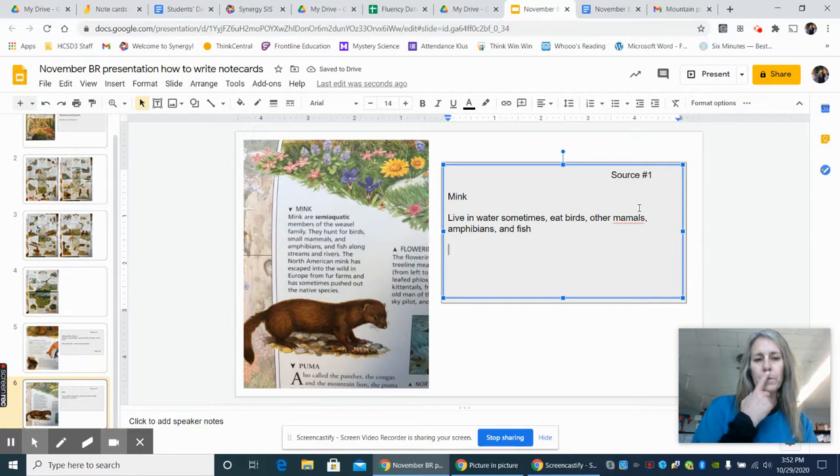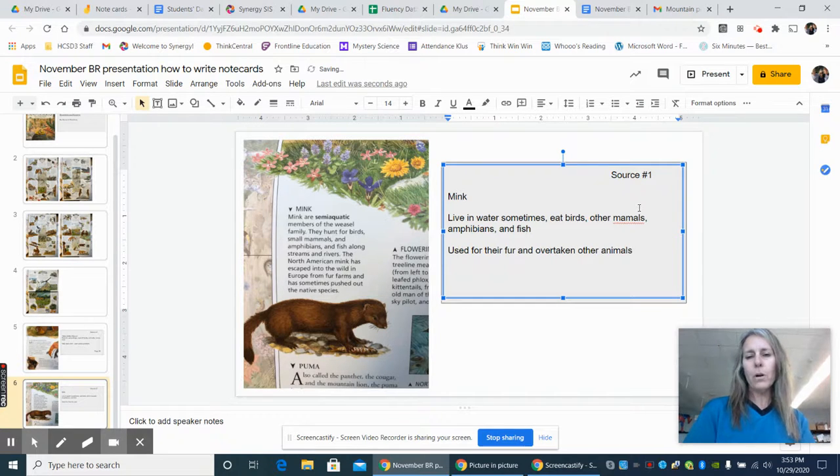In my own words, the North American mink has escaped from the wild in Europe from fur farms, used for their fur, and they're invasive. I'll use my fourth grade words. Used for their fur and overtaken other animals.